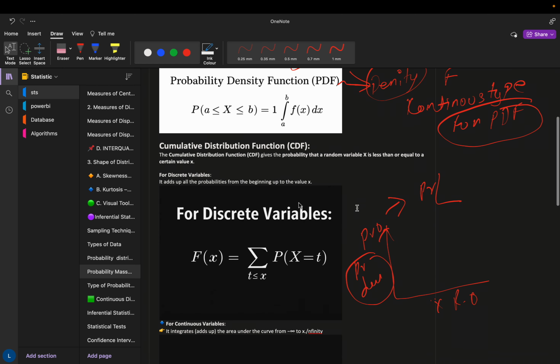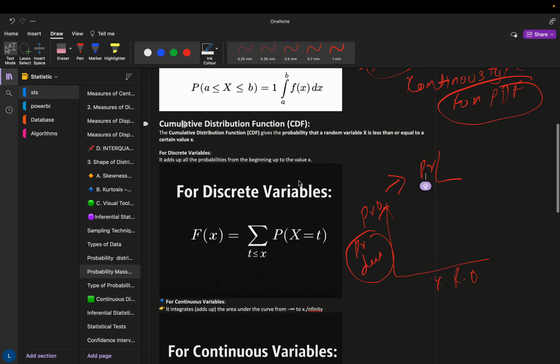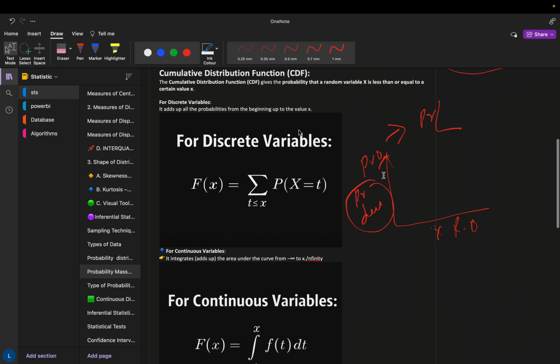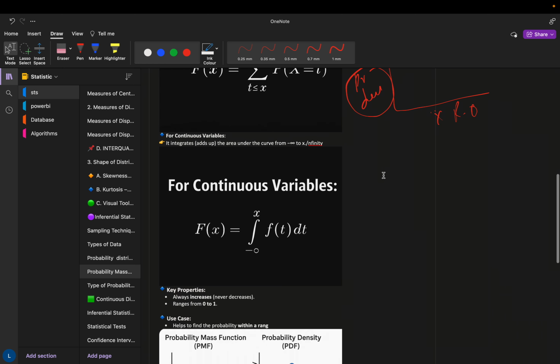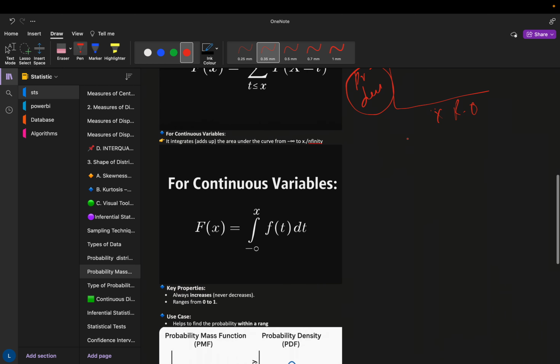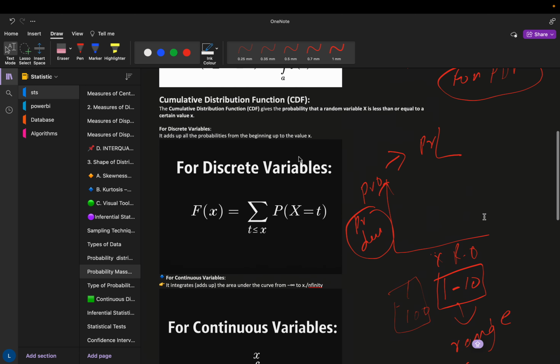Alright, now speaking about cumulative distribution function. For example, in a question we sometimes want to find a probability. Say I am provided with 1 to 100 data, and I need the probability in the range between 1 to 10. In such a situation, to get the probability of a range, we use the cumulative distribution function.